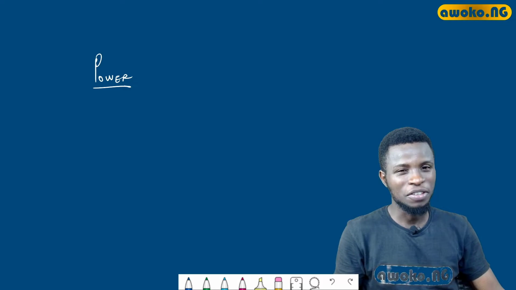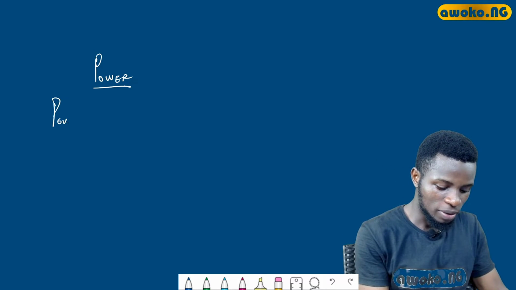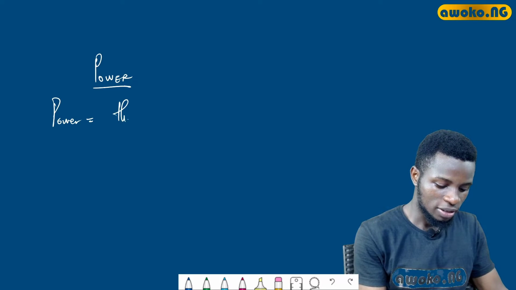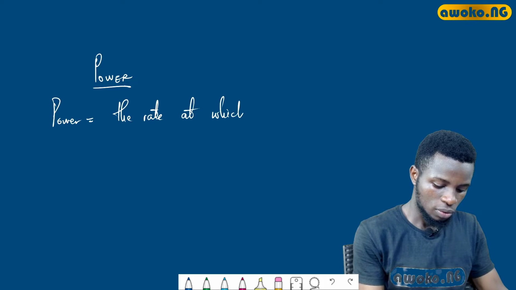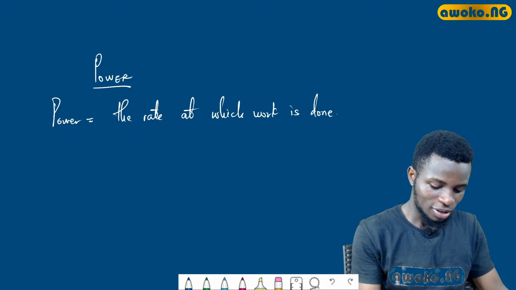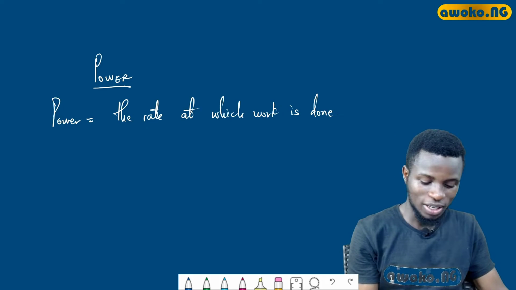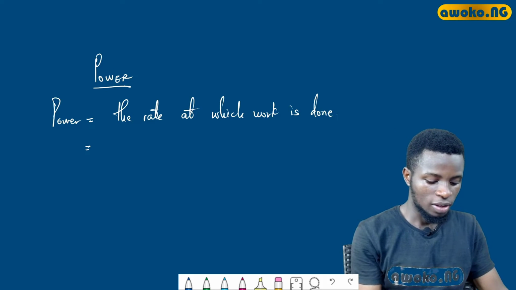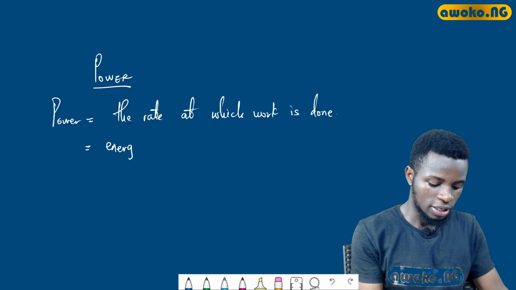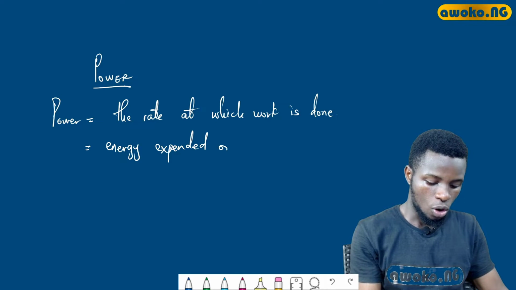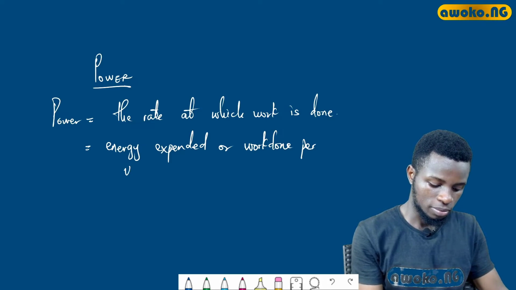So, by definition, power is simply the rate at which work is done. In a simpler term, we can say power is equal to the energy expended or work done per unit time.